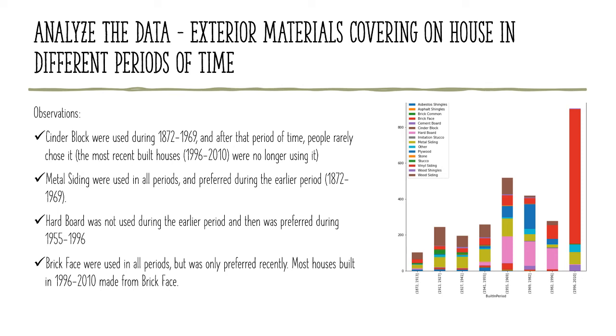So as you can see, the cinder block material was used from 1872 to 1969, almost 50% or maybe 25%, and then people rarely chose it after this year.